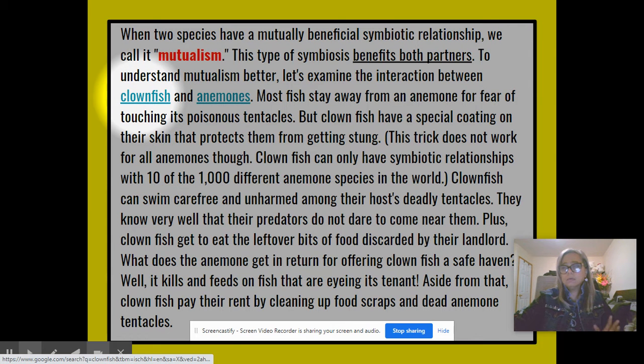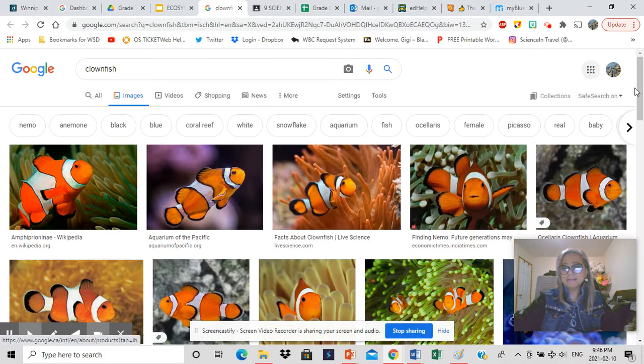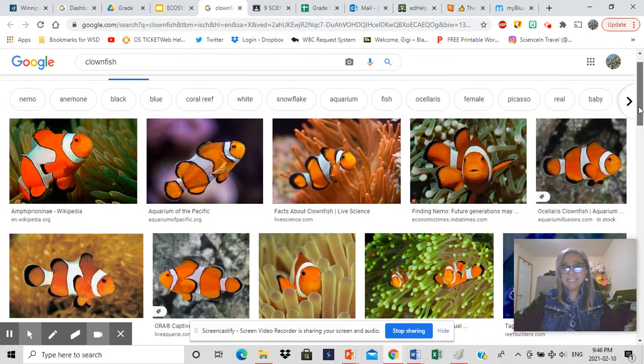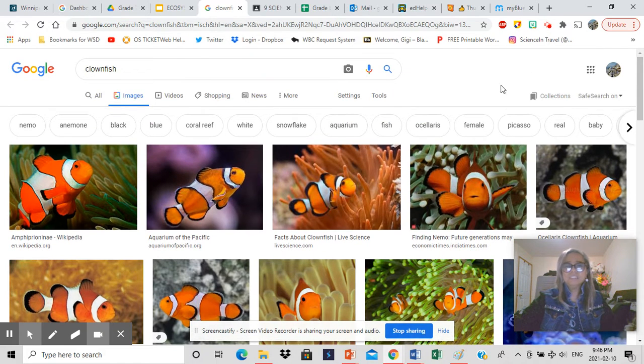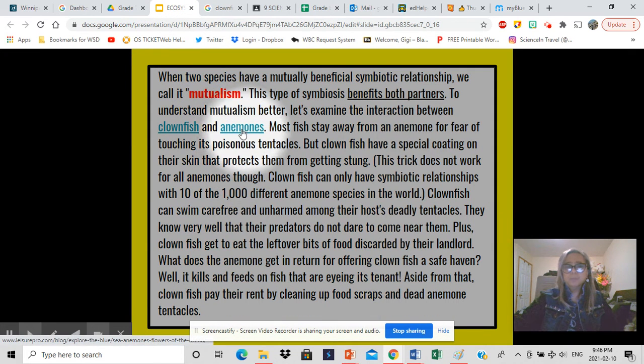So, what are clownfish and what do they look like? Kind of brings to mind that movie Finding Nemo, right? So, this is a clownfish. And what's the relationship of the clownfish with anemones?